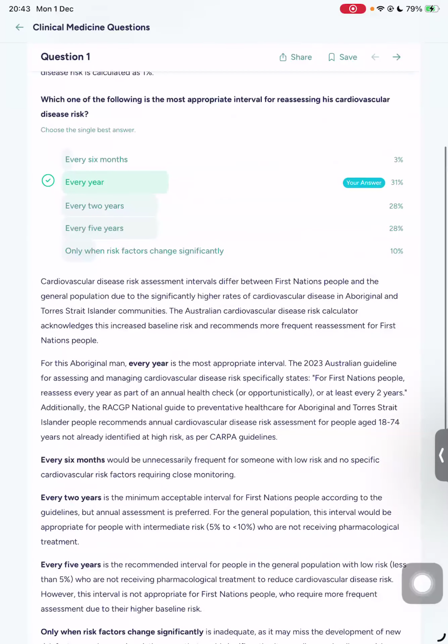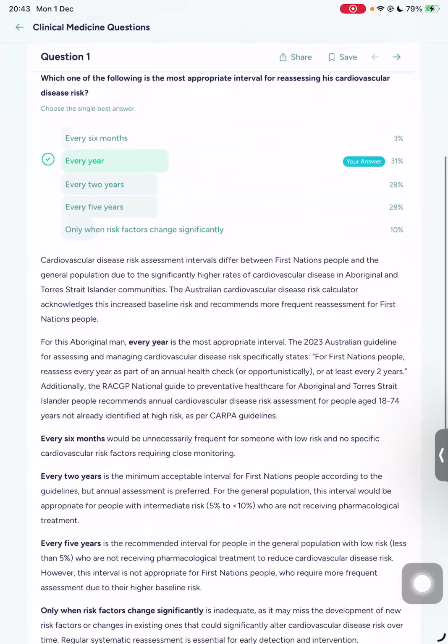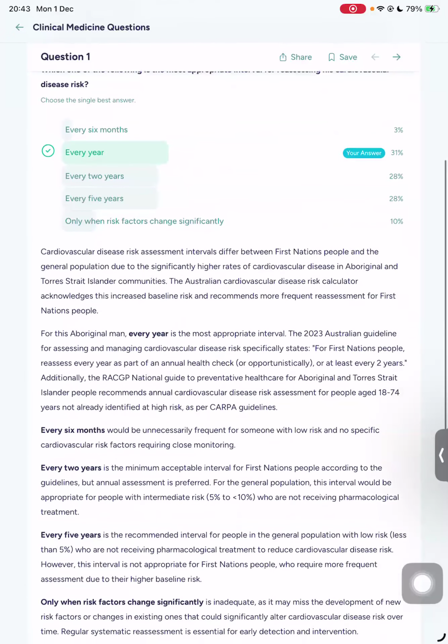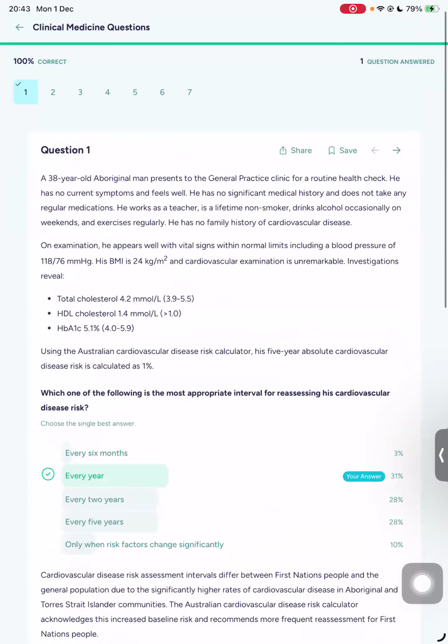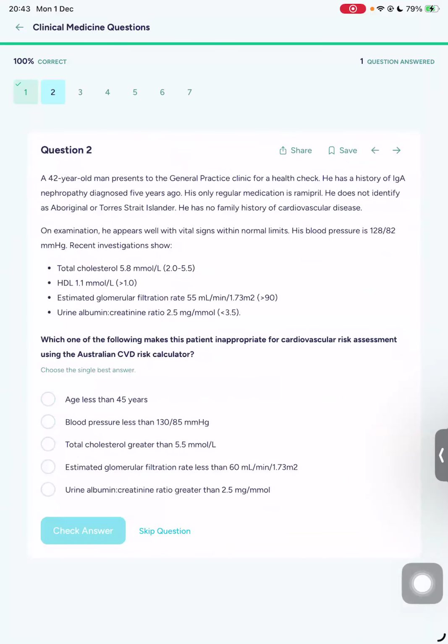You all know. If you have any problem, just ask. Okay, let's move to the next one. A 42-year-old man presents to the GP clinic for a health check. He has a history of IgA nephropathy diagnosed 5 years ago.